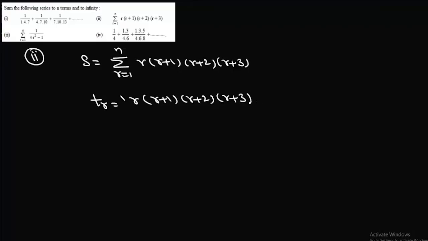So the term before this one will be r minus 1 and the term after r plus 3 will be r plus 4, and the difference is 5. So what we'll do is we'll multiply and divide everything by 5.